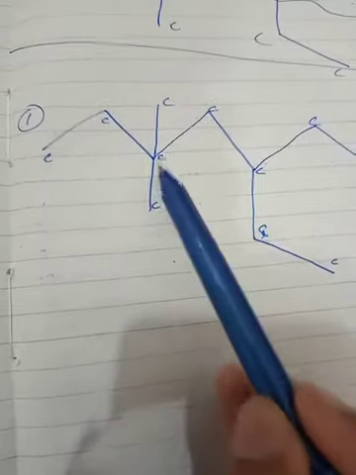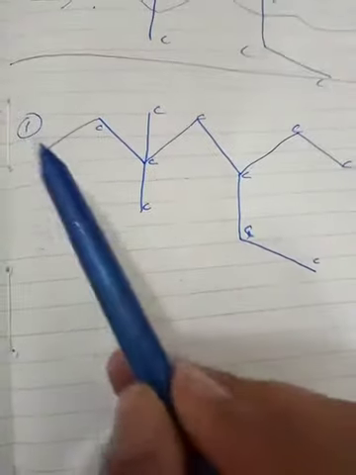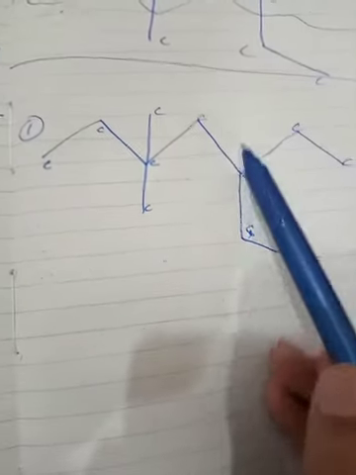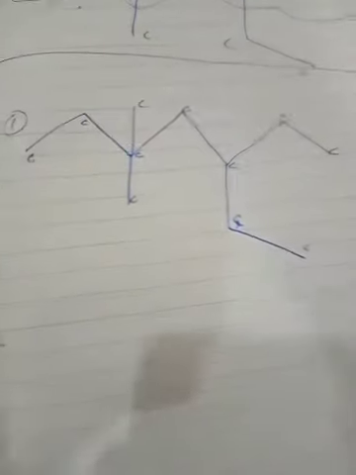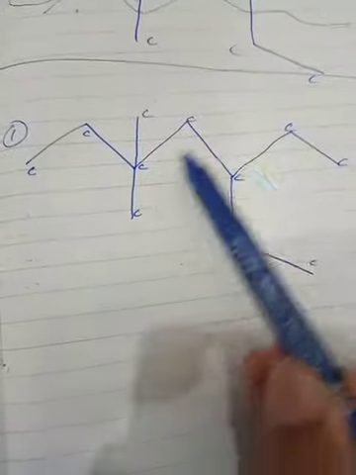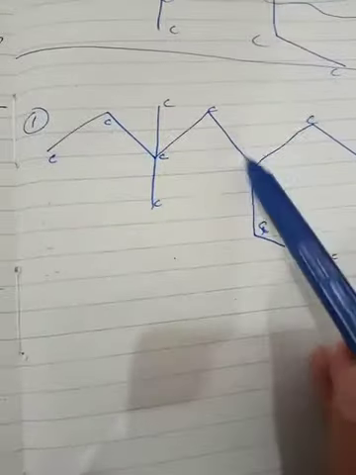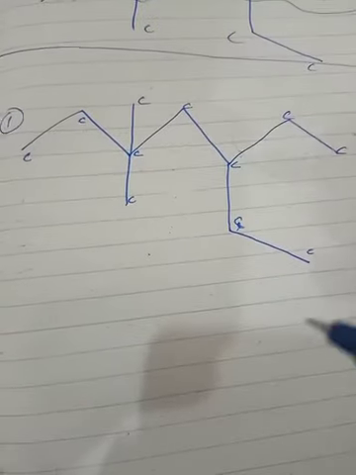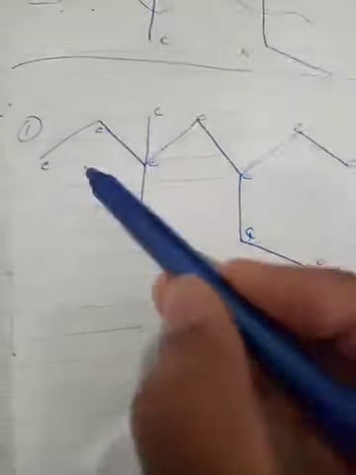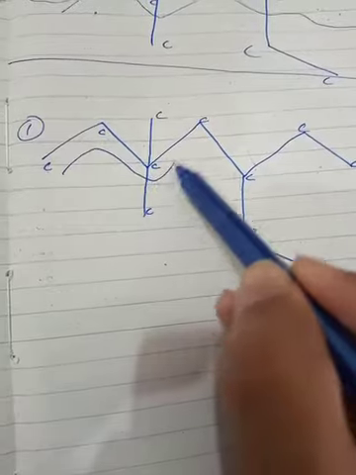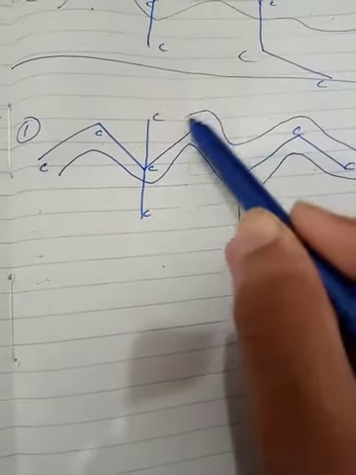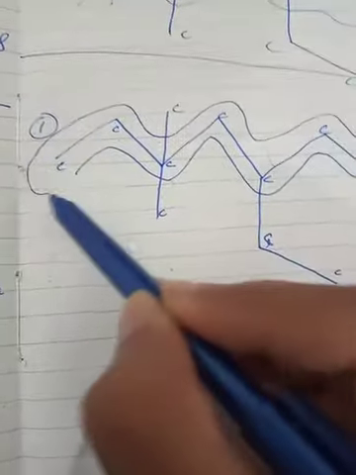Let's count: 1, 2, 3, 4, 5, 6, 7. 1, 2, 3, 4, 5, 6, 7. 1, 2, 3, 4, 5, 6. As you can see, these both chains have the same number of carbons, 7. So it's up to you which side you select your longest carbon chain. I am selecting this as the longest carbon chain.